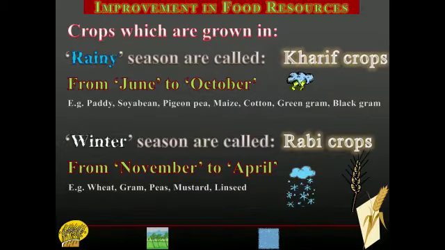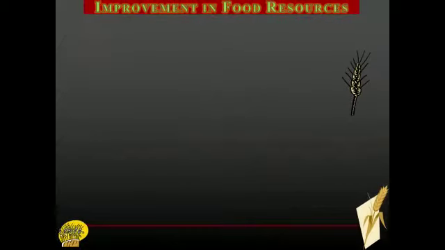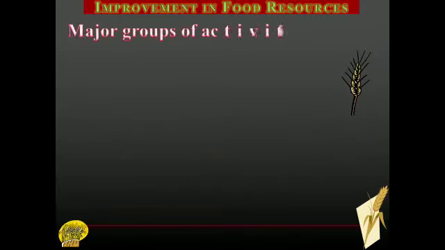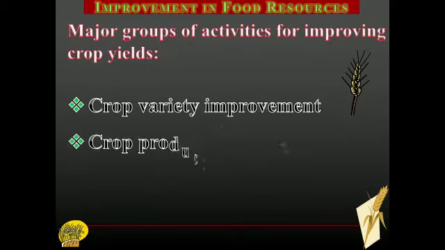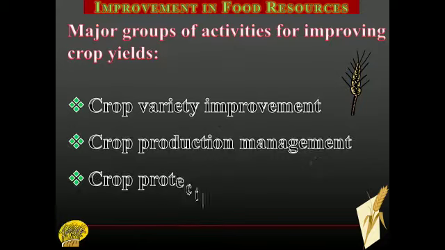Now, what are the group of activities that are required for improving crop yields? As you all know, population is increasing, so we have to compensate that effect, and that's why we are studying our chapter improvement in food resources. Now, talking about crops, there are three basic categories for improving crop yield, and these activities are crop variety improvement, crop production management, and crop protection management.